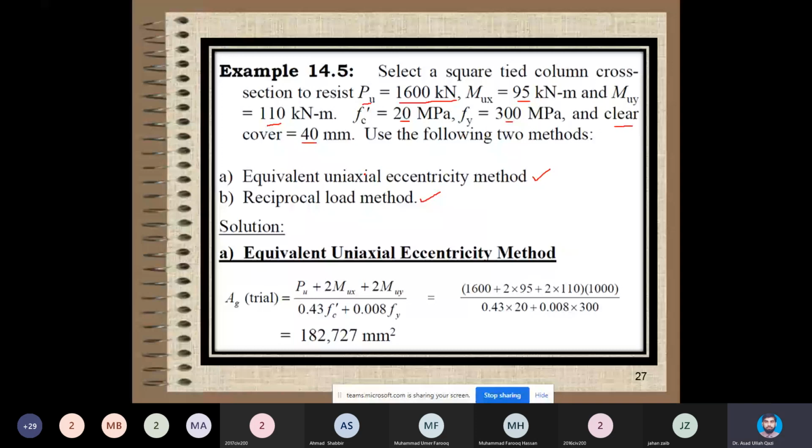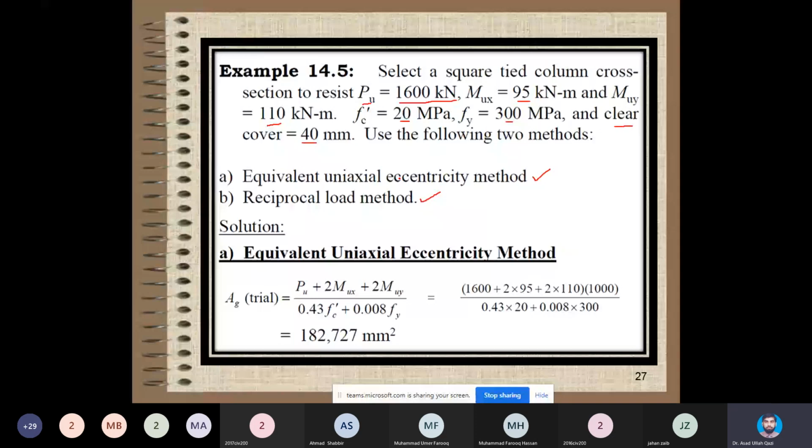Here I will first take up the equivalent uniaxial eccentricity method, which I think is a new method for you because here we have some empirical equations which we need to apply to calculate equivalent uniaxial eccentricity.